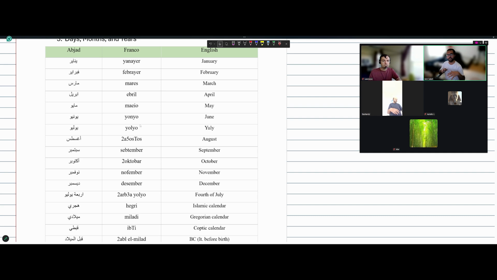But in Egypt in general, you have 3 calendars. If you take a newspaper, you will find 3 calendars written on top. The one you use in daily life would be the Gregorian calendar. The one you would use for Islamic holidays would be the Islamic or Hijri calendar.